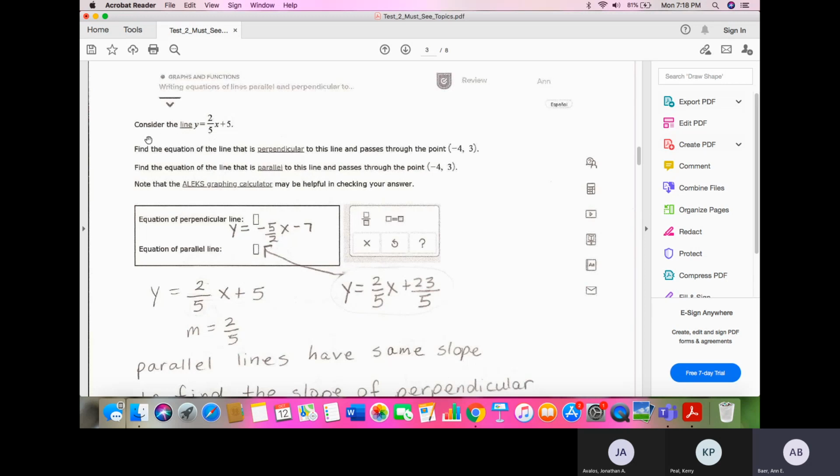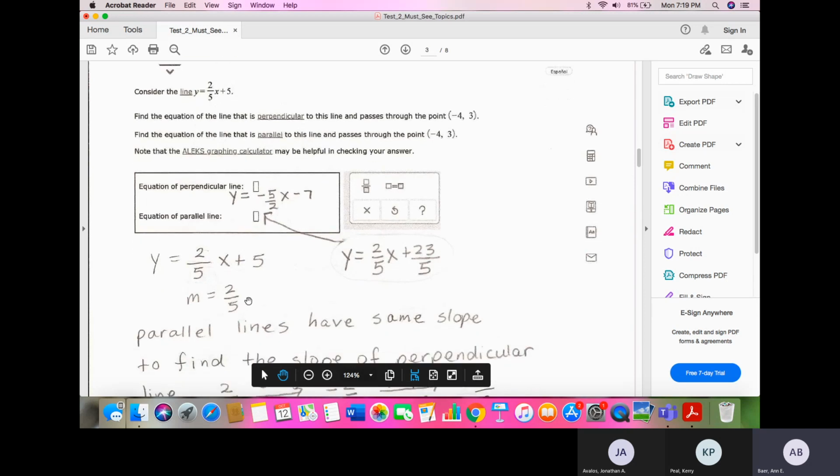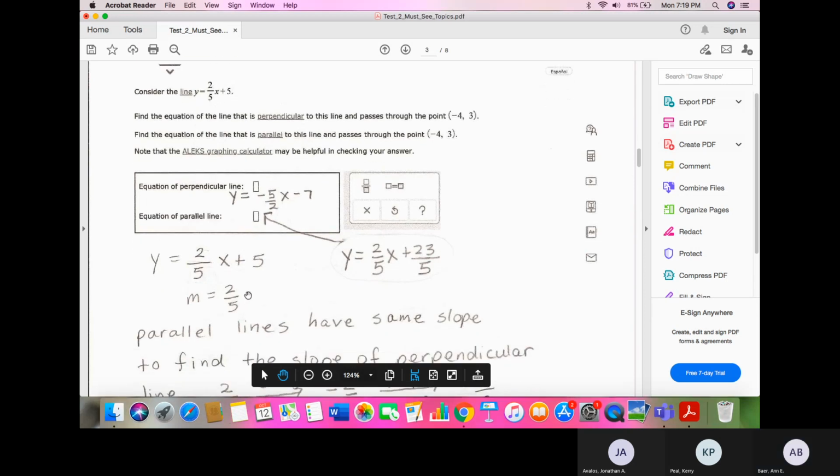So it's nice that they say consider the line y equals 2/5 x plus 5, because it's already in slope-intercept form. So we can identify the slope of this line very quickly. The slope of this line that we're talking about is just the coefficient, the number in front of x, which is 2/5. So the slope of our given line is 2/5.